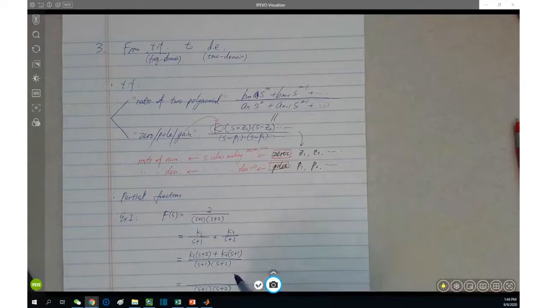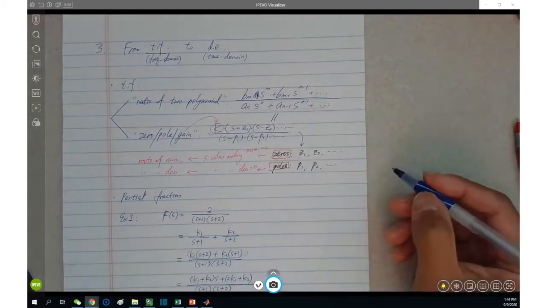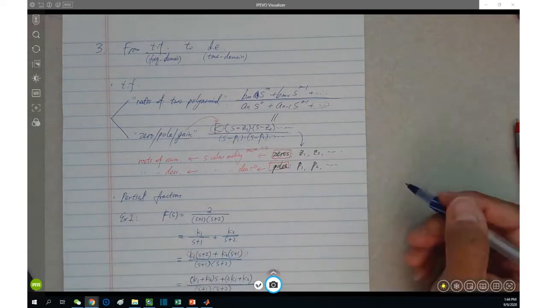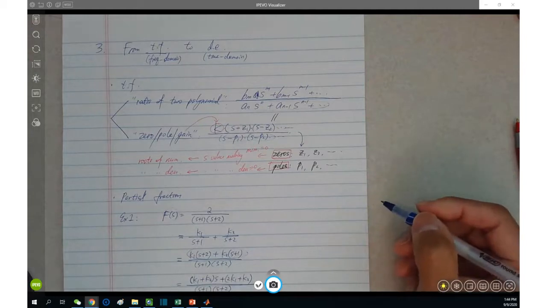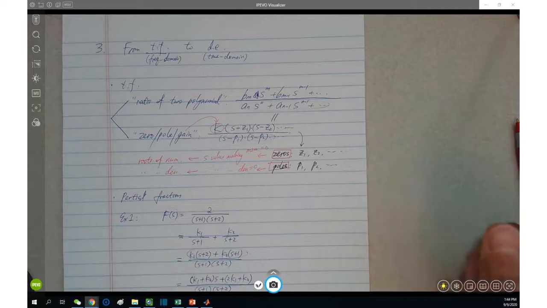What you need to do next is just expand the numerator into an s polynomial with coefficients in terms of k1 and k2. Does this make sense?